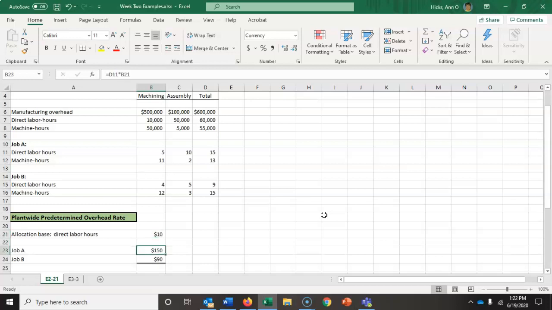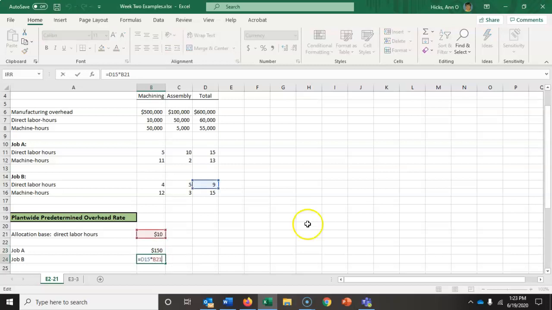Then for each job, job A, I took the total direct labor hours of 15, multiplied it by that $10 predetermined overhead rate, and came up with $150 in manufacturing overhead to be applied to job A. In job B, I've taken the $10 predetermined overhead rate, multiplied it by the 9 direct labor hours incurred in job B, and came up with $90 in allocated overhead.